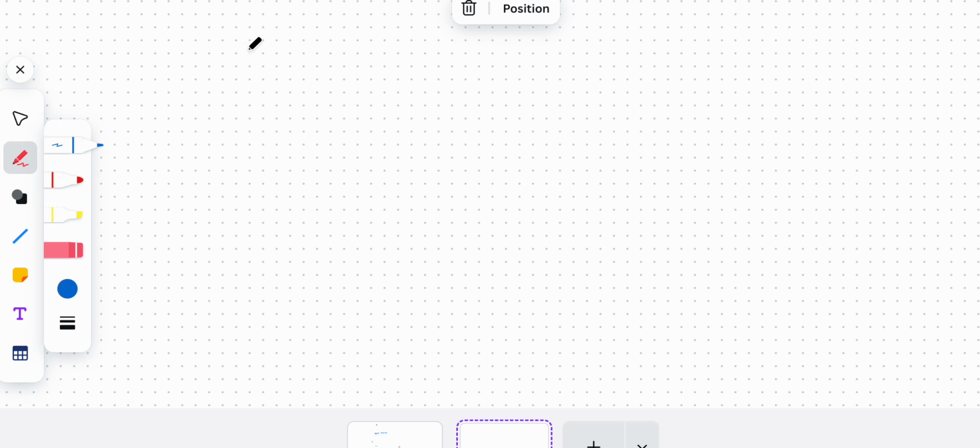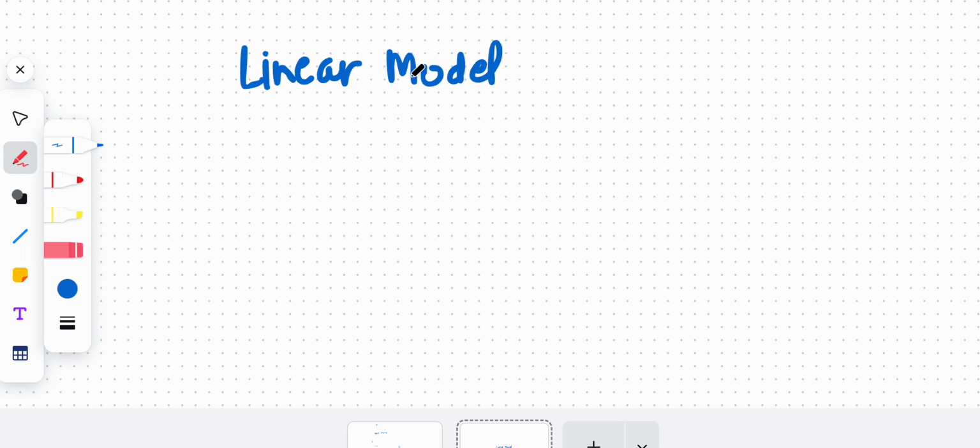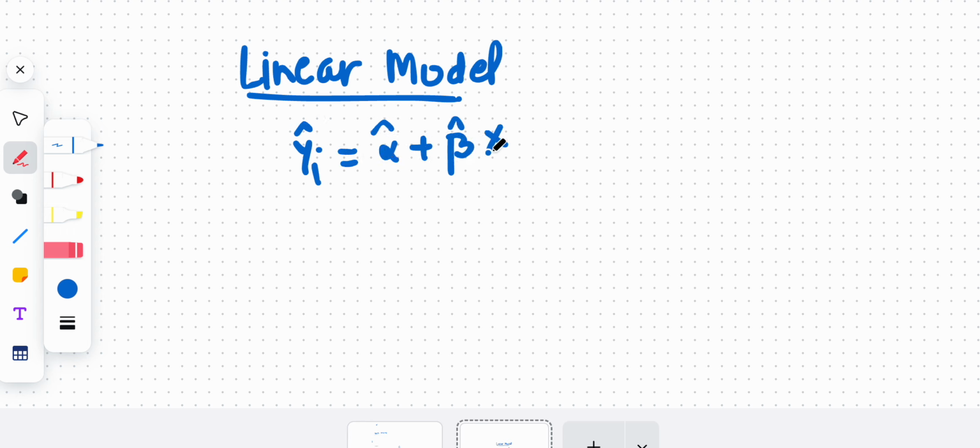Now, where we have reached is a linear model we have derived, and we have an estimated regression line. What I'm going to do is understand the interpretation of this.